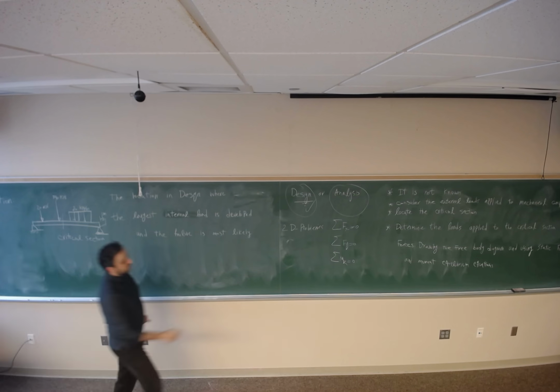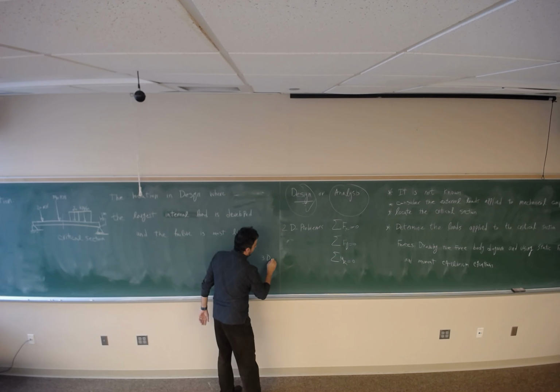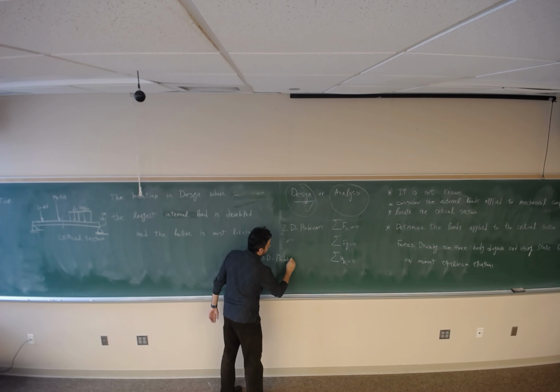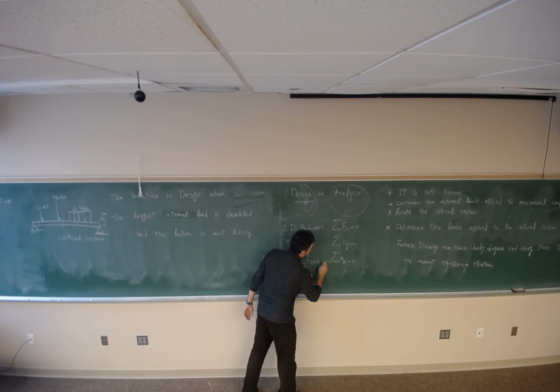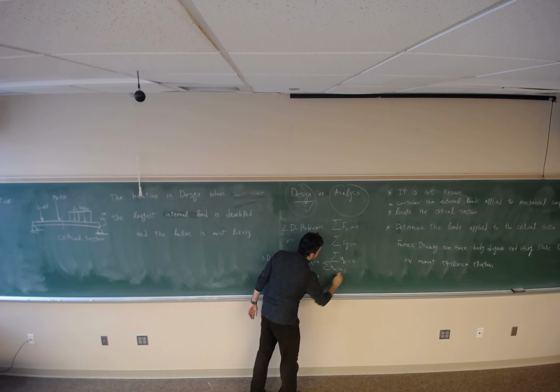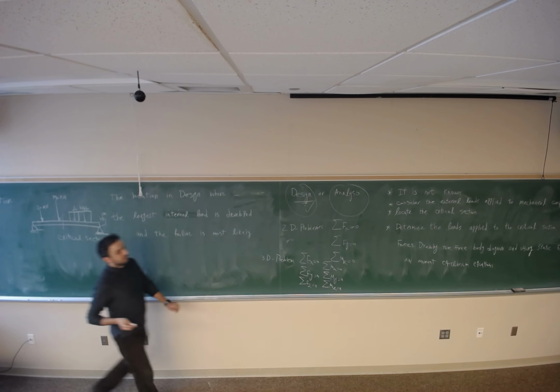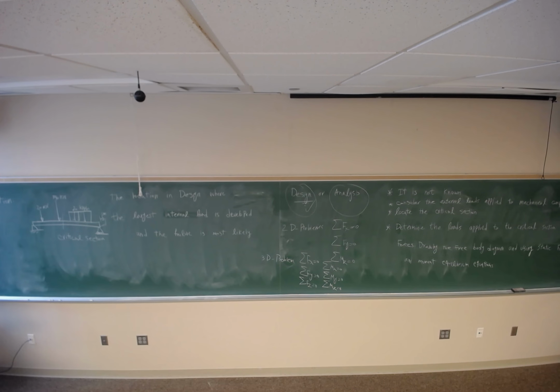For three-dimensional, you can guess: 3 forces, Fx, Fy, Fz. It's the most general situation, and moment can happen about all 3 axes: Mx, My, and Mz. So you have 6 equations for 3-dimensional.